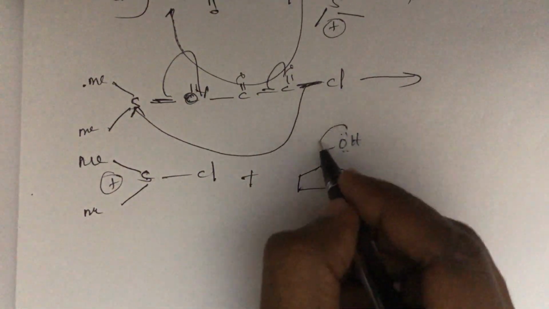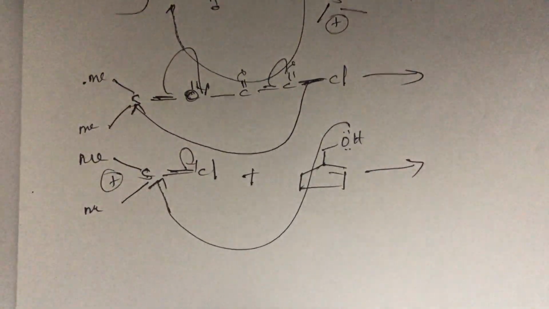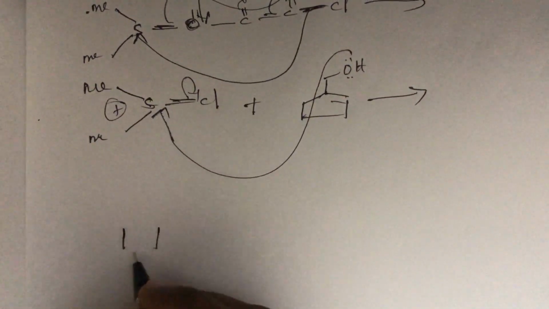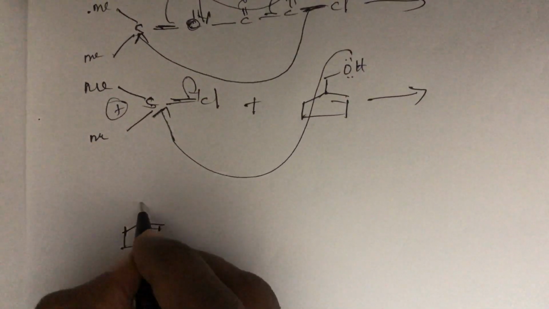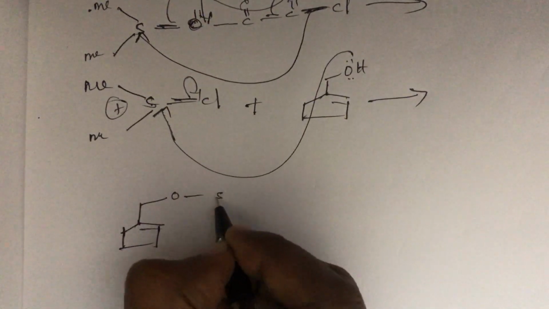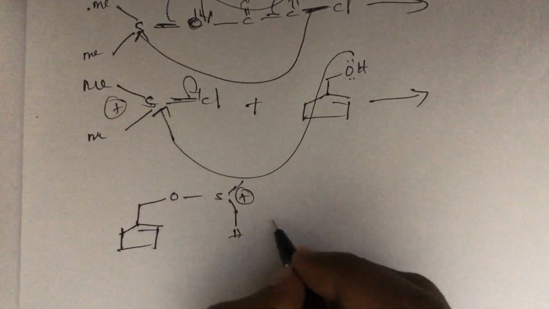The lone pair of electrons is migrated toward this sulfur center, chlorine will leave. So you can get here a CH2 and here O, sulfur, right? You can write hydrogen here.